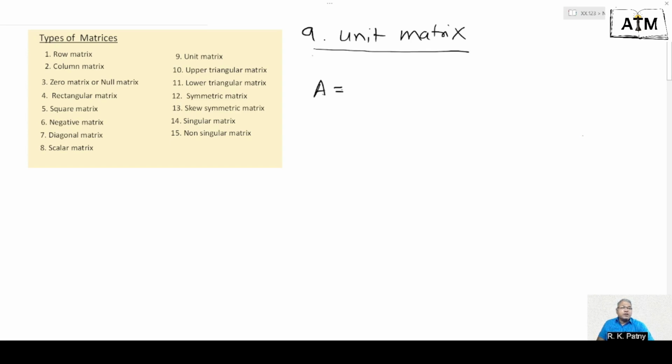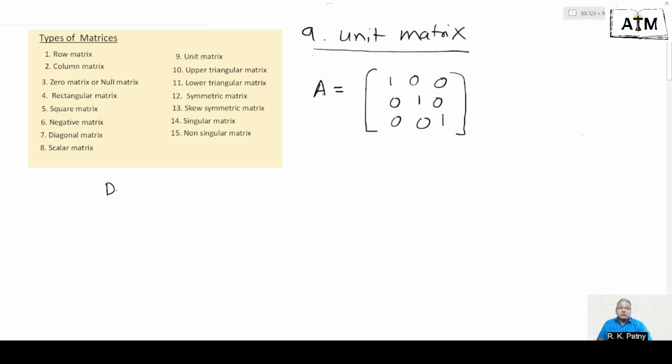A unit matrix is one in which the value of the diagonal elements equal to 1 and the remaining numbers are 0, like 1 0 0, 0 1 0, 0 0 1. Then it is called a unit matrix, and a unit matrix has to be a square matrix.